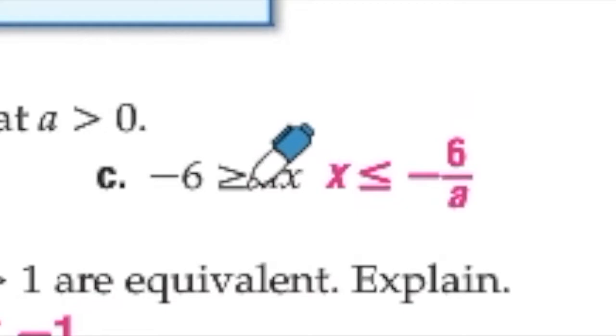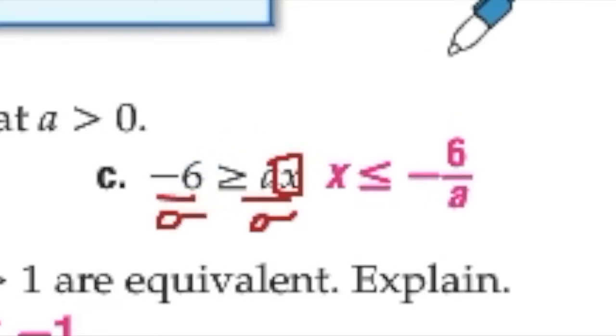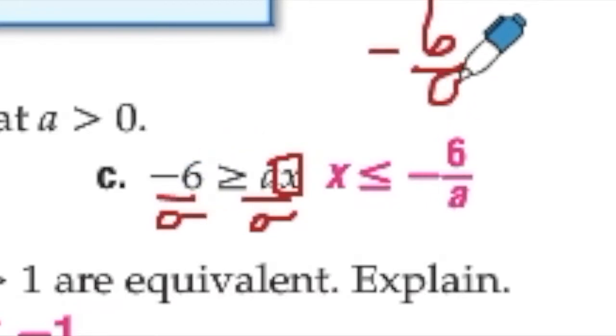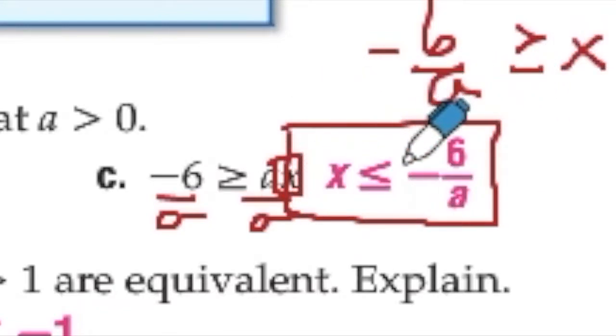And when we multiply by a over 1, that's a positive number. We don't flip the inequality symbol. We have x is greater than or equal to 8a. On c, to isolate the variable x, we have to divide both sides by a. And so what we're left with is negative 6 over a is greater than or equal to x. But notice that we can also write that answer as x is less than or equal to negative 6 over a.